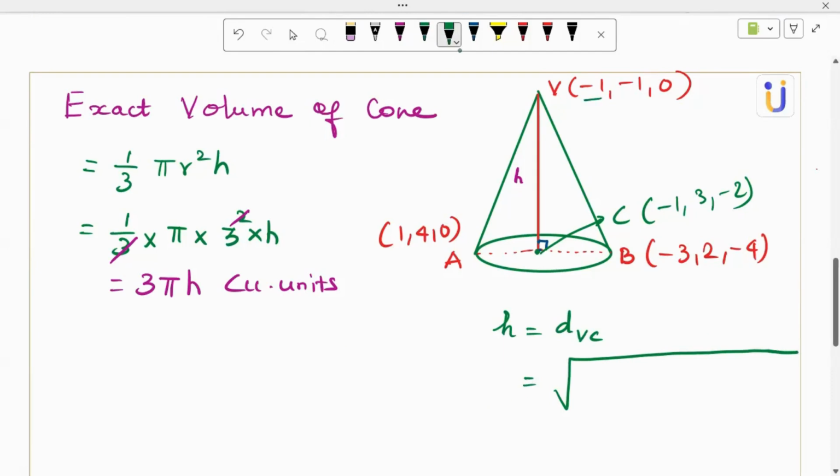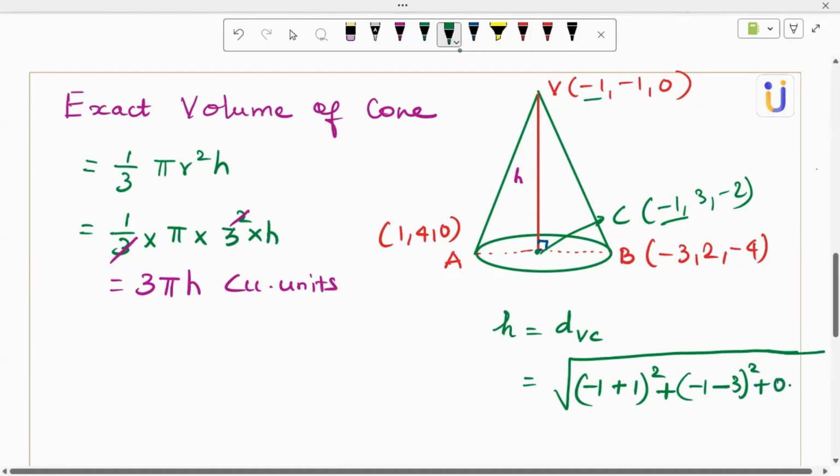I'm directly using the same formula. For x, minus 1 in the formula there is a minus, and C is also minus, so it will become plus 1, the whole square. Then for y, minus 1, in the formula there will be a minus, the next coordinate is 3, the whole square. Then z: 0 minus, again a minus comes, so plus 2, the whole square.